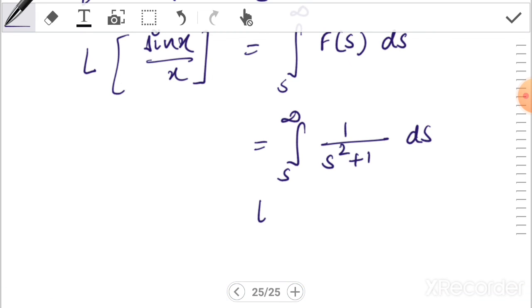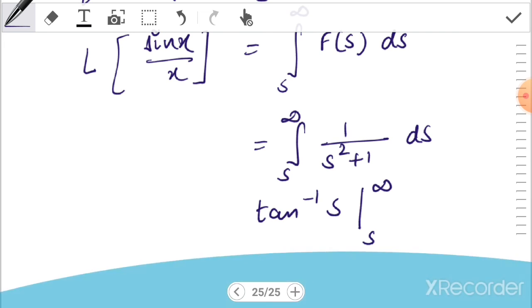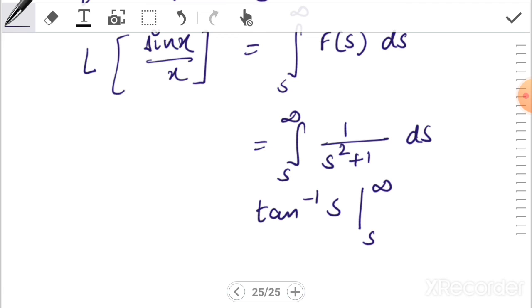This is nothing but tan inverse s, varying from s to infinite.